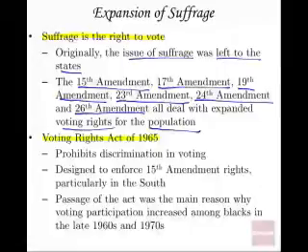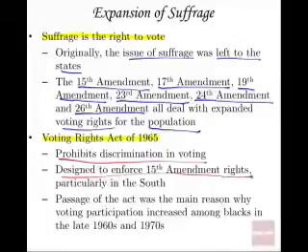Basically the Voting Rights Act of 1965 prohibits discrimination in voting, and it was designed to enforce the 15th Amendment rights. Now, in an ideal world, the Voting Rights Act of 1965 probably was unnecessary if the states were following through with exactly what the spirit of the 15th Amendment was all about.